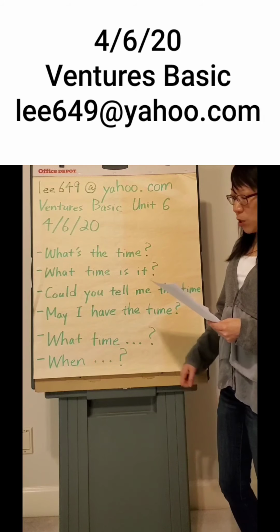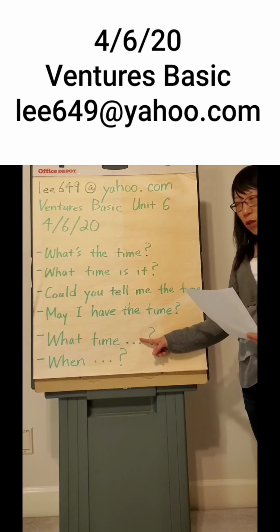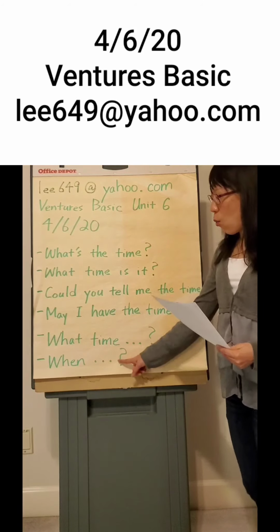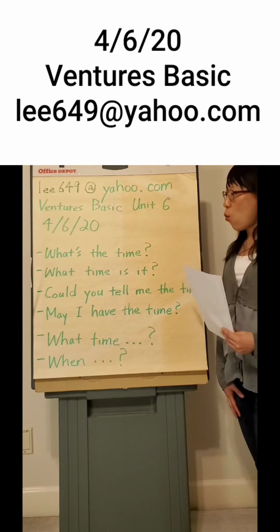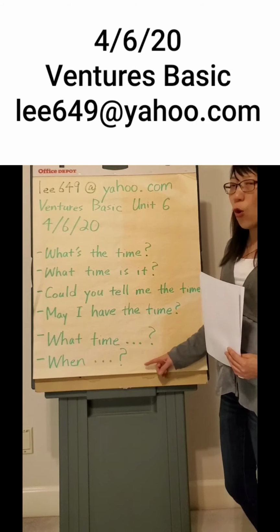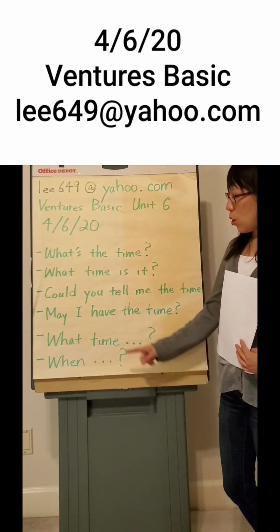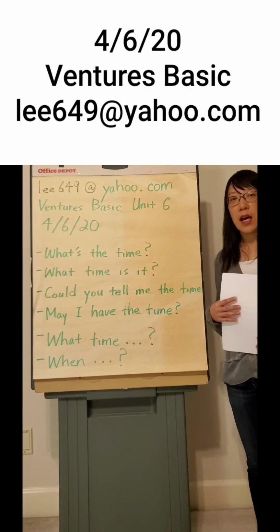Or what time does a train arrive in Chicago? When does the concert begin? When does your father come home after work? So you would form the sentences with these two if you want to know the exact time of the event.